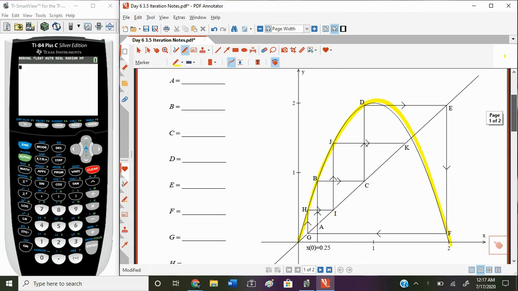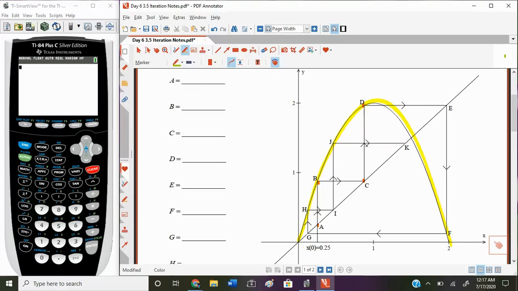All right, so let's analyze the graph a little bit. We have a parabola. We have many points that are on this graph. They're labeled with letters. So we have point A, point B, point C, point D, and so on. We also have a diagonal line, and that line is actually really important.